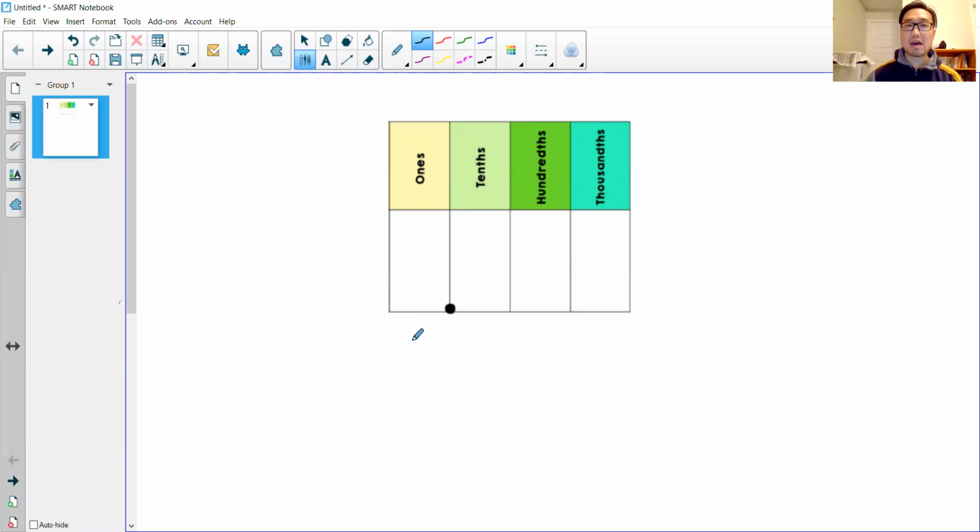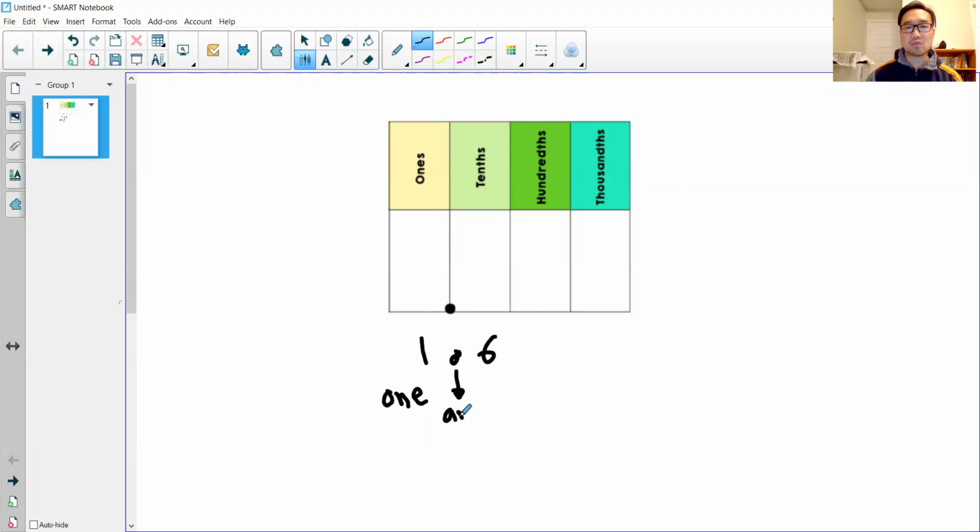Now that you know how to say decimal numbers when they have no ones, we're going to think about what if we have decimal numbers that have digits in the ones place as well. So let's say, for example, we had 1.6. Okay, well, I'm gonna say the 1 because I see 1 here, and 1 is just called 1. Anytime you see a decimal, that is called and.